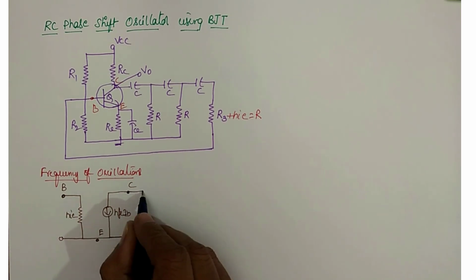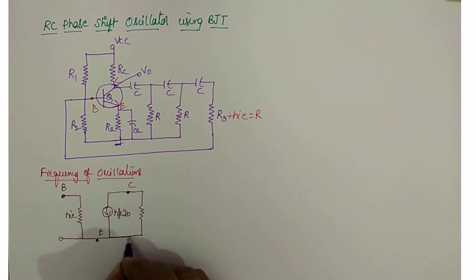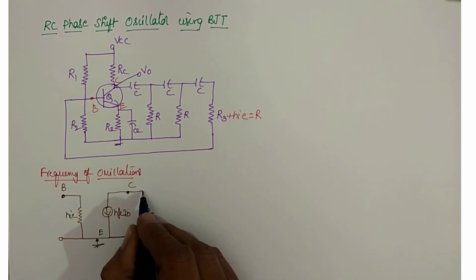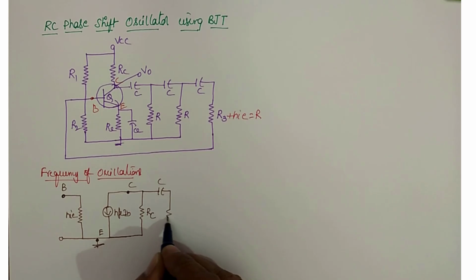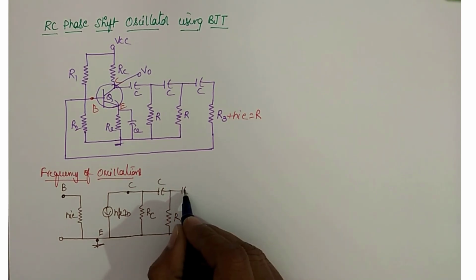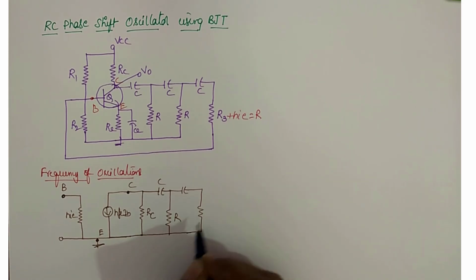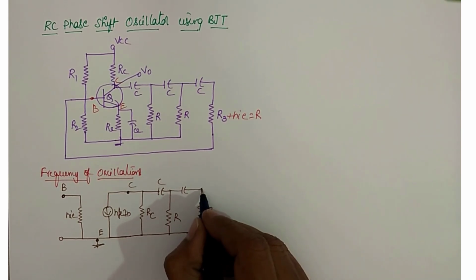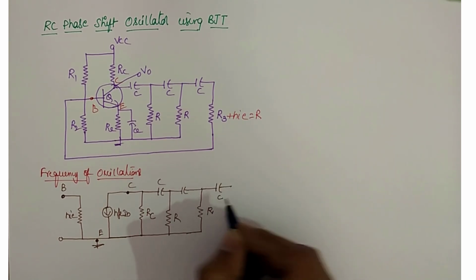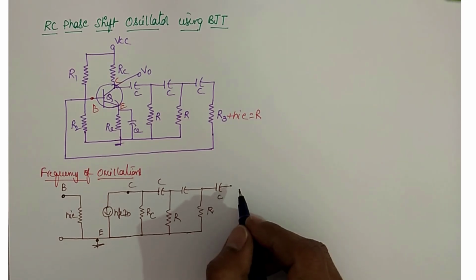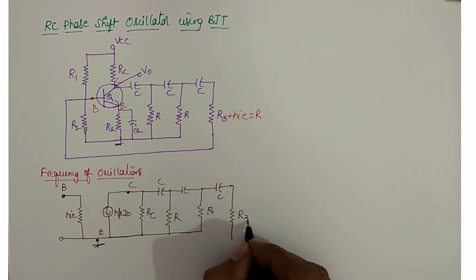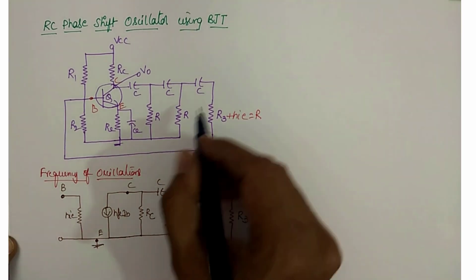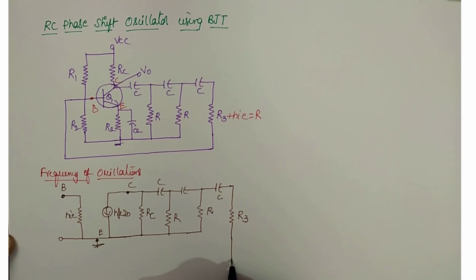So from the collector, yes, emitter is grounded and then after this the capacitor C, then this resistor R, again the capacitor C, this resistor R, again the third capacitor C. The actual resistance is R3, then this R3 gets connected to the base.